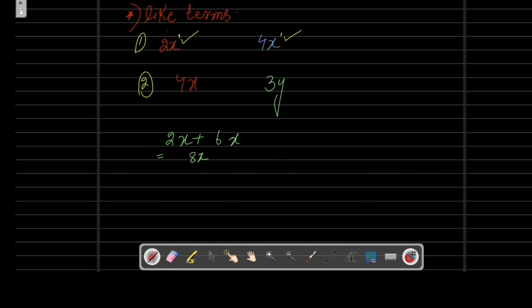I have another example for you. 3y plus 7y. So 3 and 7 will be added and we will get 10 and y will be the same. This is the concept of combining like terms: keep the variable and combine only the numbers.